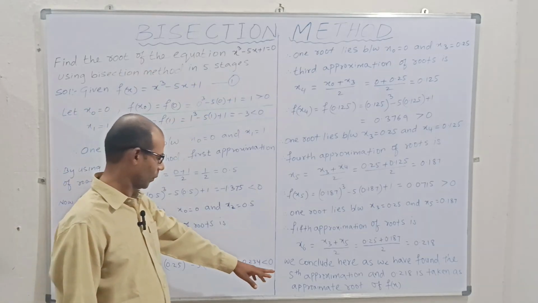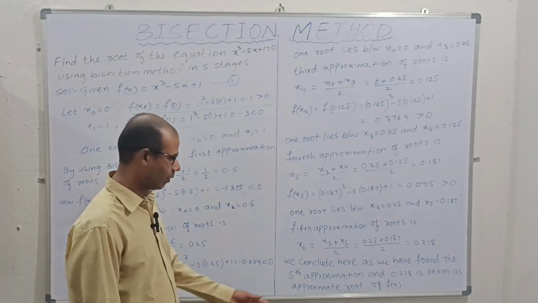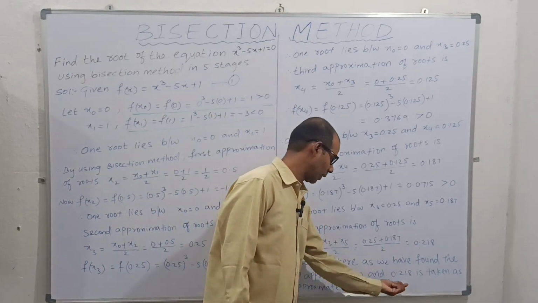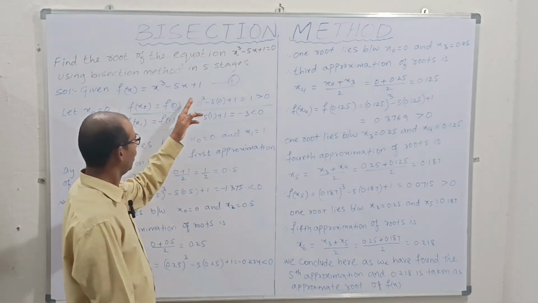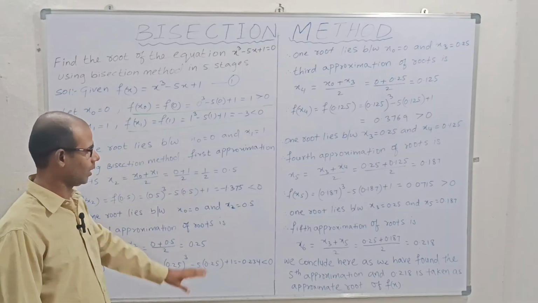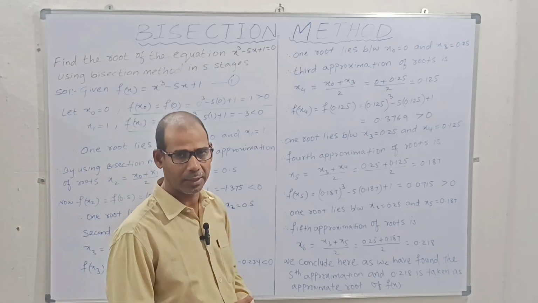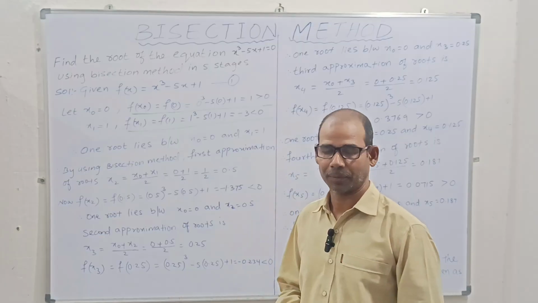So we conclude here, and 0.218 is taken as the approximate root of the function. So this is the procedure to find the root of the function, right?